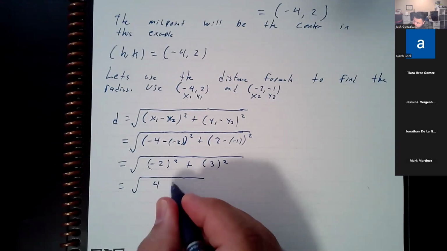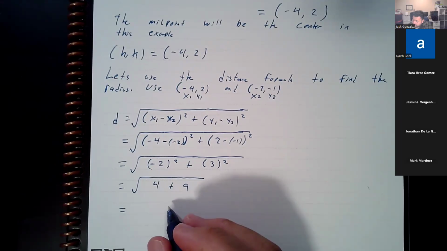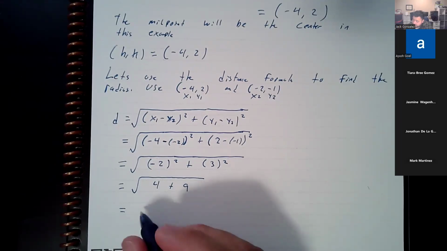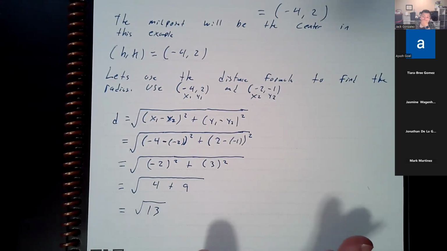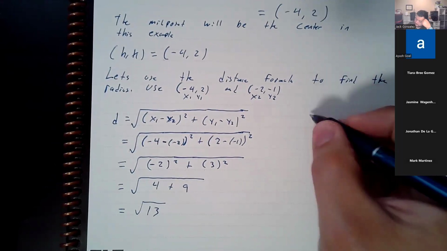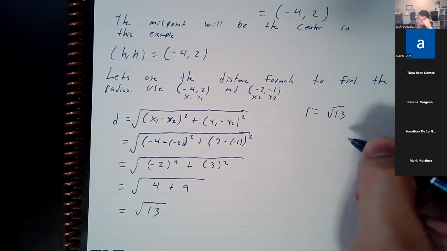So that becomes 4 plus 9, which is 13, right? So r is root 13.